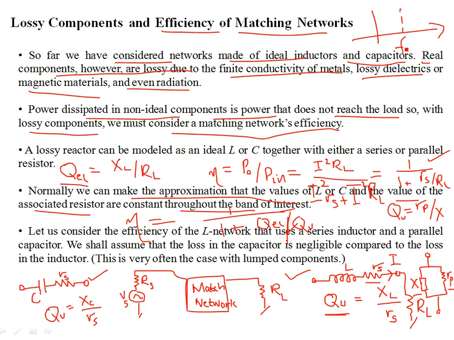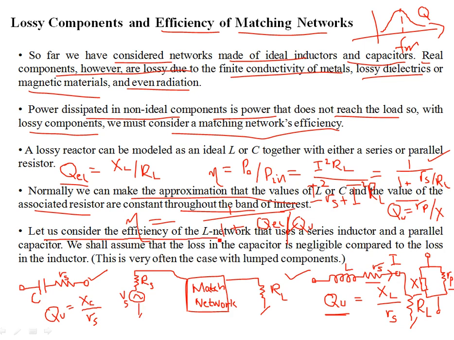For example, this is your matching frequency, you have a very good match, and the Q is reasonable. Over this band of frequency, we do not assume that the series loss or the parallel loss resistance values change together with the lumped component values of inductors and capacitors.